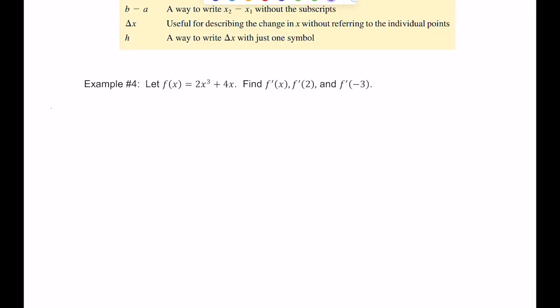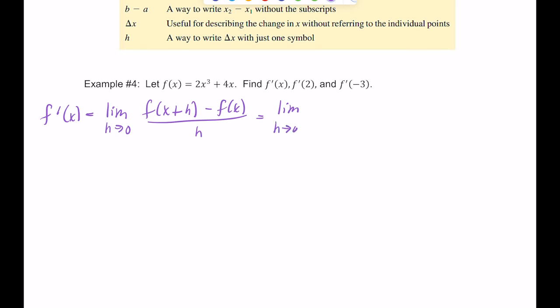So to find the derivative, right, you want to find the limit as h approaches 0 of f of x plus h minus f of x, and then over h. Okay, so here we have the limit as h approaches 0, and we're just going to take x plus h and we're going to substitute it in where the x is.